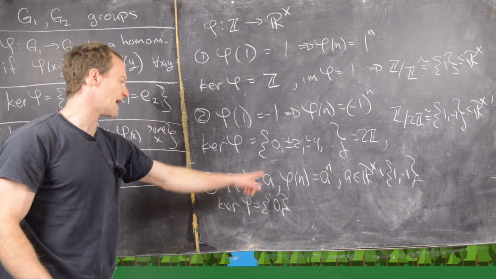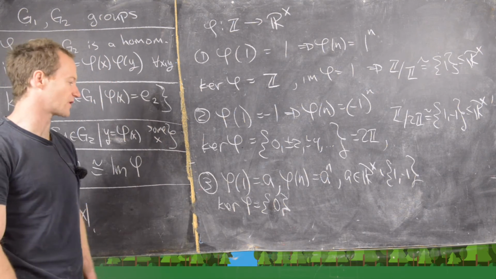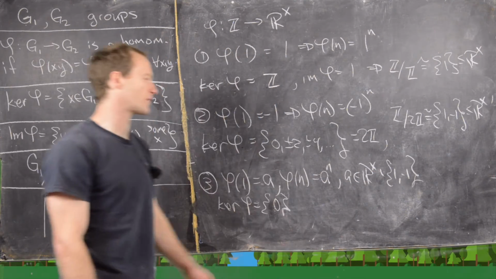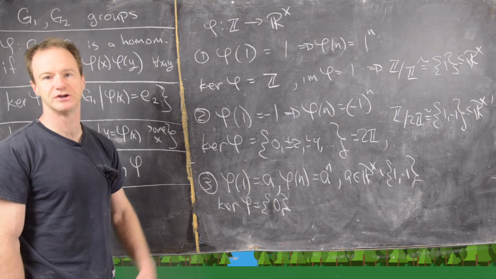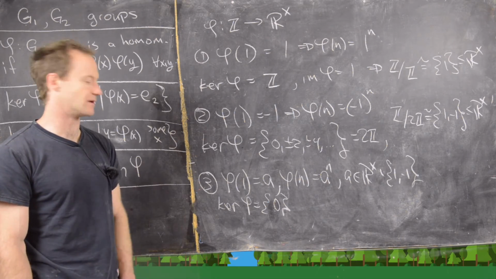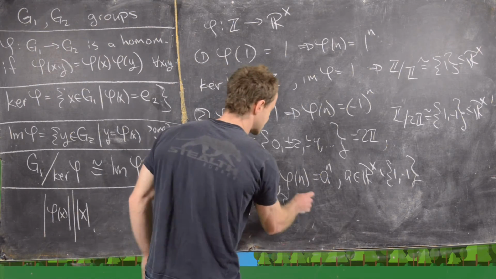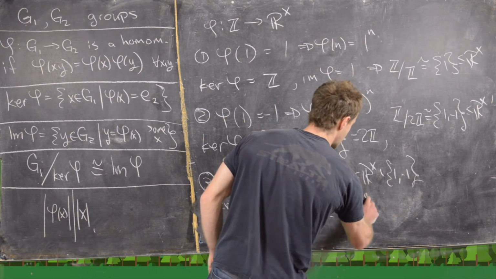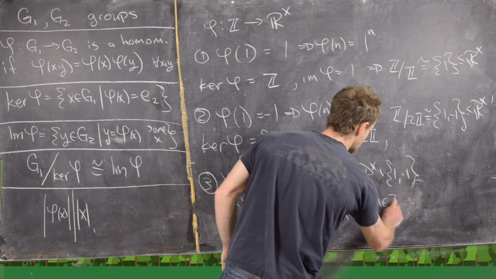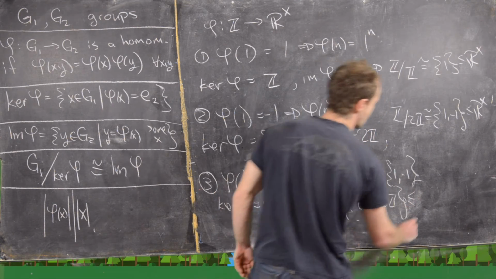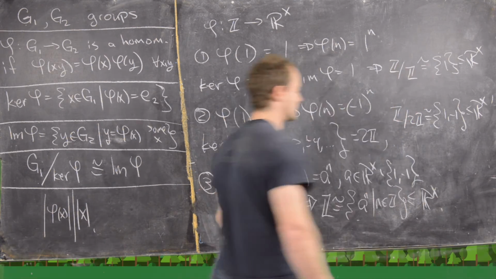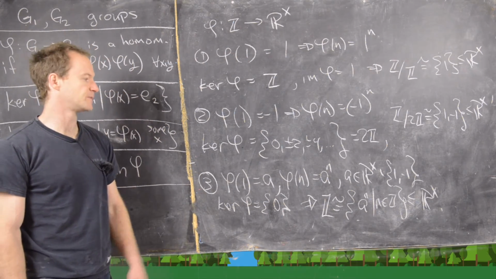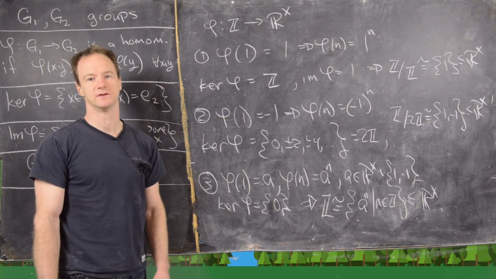So notice if we take a to the 0, we're going to get 1, so that'll be the kernel, but nothing else will be in the kernel because no other number in the real numbers, when you raise it to some power, do you ever get back to the identity, in other words, the number 1. So what this tells us is that Z itself is isomorphic to this group made up of a to the n, where n is in Z, as a subgroup of the non-zero real numbers under multiplication. Okay, so we've got some more to do.